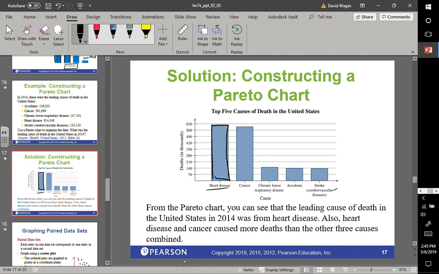You might notice that the third through fifth leading causes of death, if we added those together, it still wouldn't equal the number of deaths from heart disease or the number of deaths by cancer. Or we could compare that these two have roughly the same number of deaths annually. So it's just a visualization to help us compare our qualitative data.